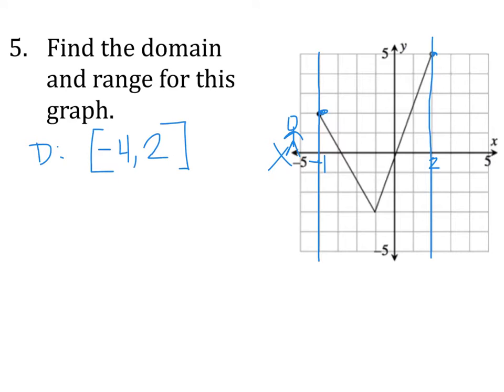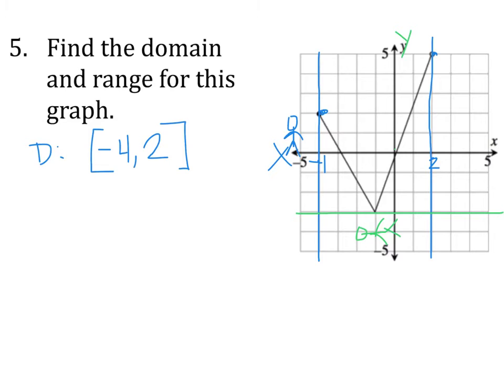And then as for our range, we're looking in the opposite axis, which is the y-axis. So this time we're walking up the y-axis and looking at the values that we see from bottom to top. So if I draw my line, it crosses or intersects with what number?